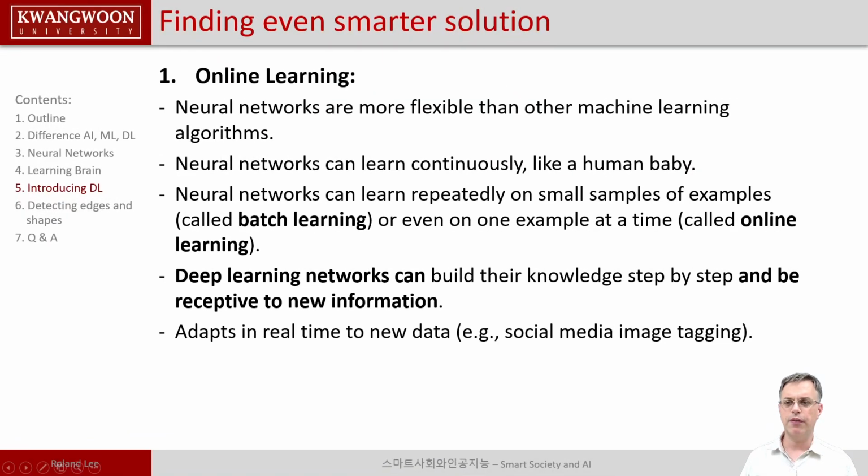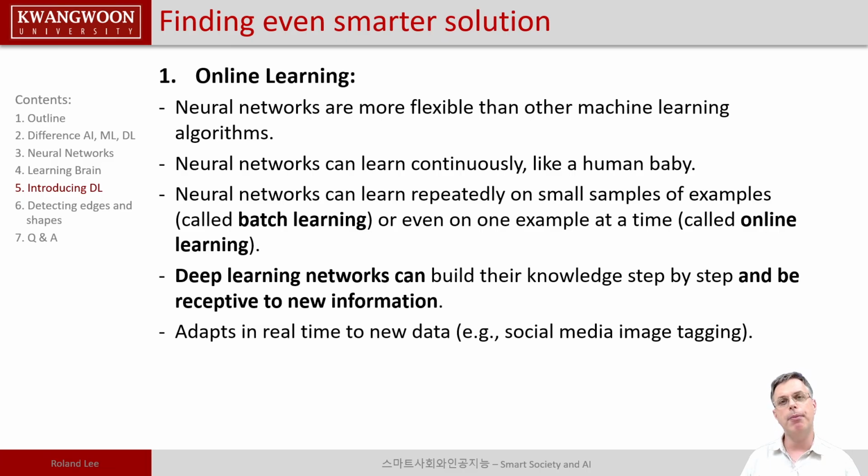Neural networks are more flexible than other machine learning algorithms, and they can continue to train as they work on producing predictions and classifications.